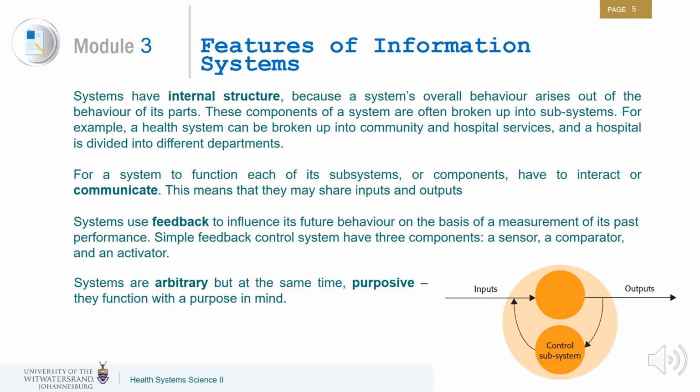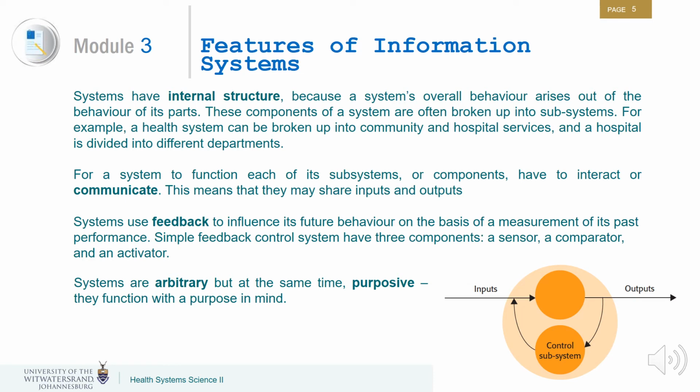So this means that they often share similar inputs and similar outputs, right? So we will have similar inputs in different subsystems. We'll have similarly trained professionals, but we might have slight differences between the different levels of care. And essentially the output, what are we trying to achieve? We're trying to achieve improved health outcomes.